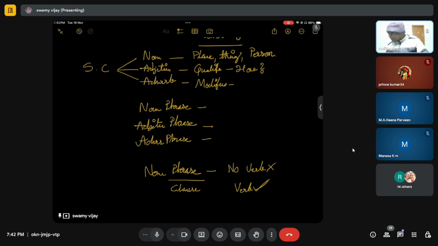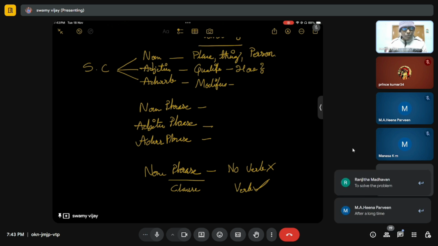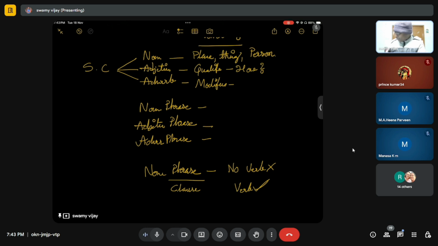Noun phrase. Others also please give me. The tall building. Okay. Others thinking? After a long time.